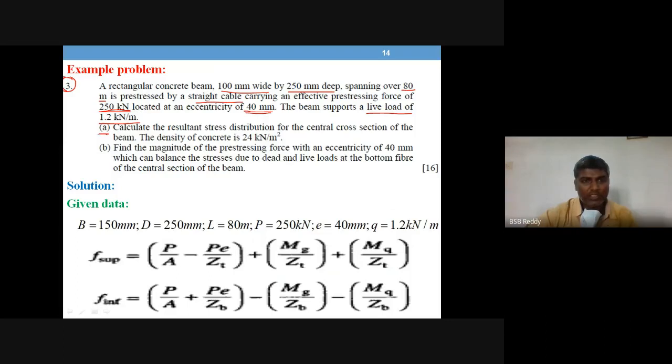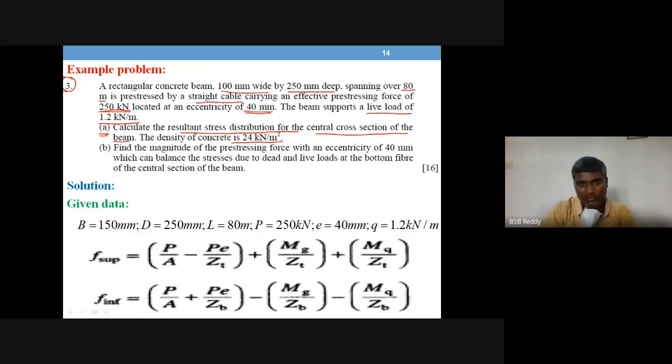Question A: calculate the resultant stress distribution for the central cross section of the beam. The density of concrete is 24 kilonewton per meter cube. Though there is no mention of the density of concrete in the question, you shall be able to calculate the dead load from this quantity, gamma of concrete.